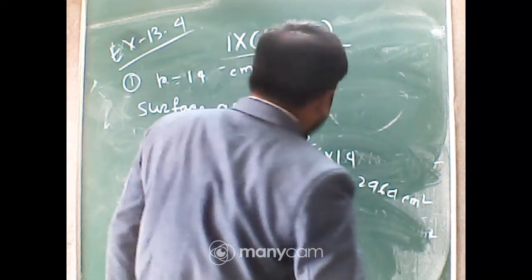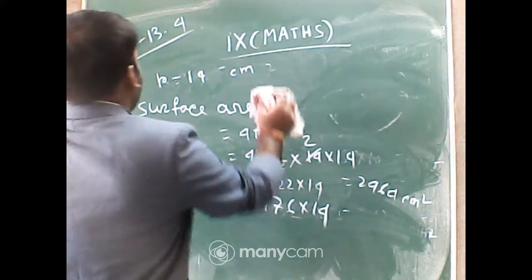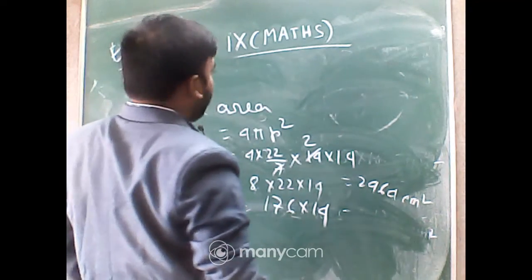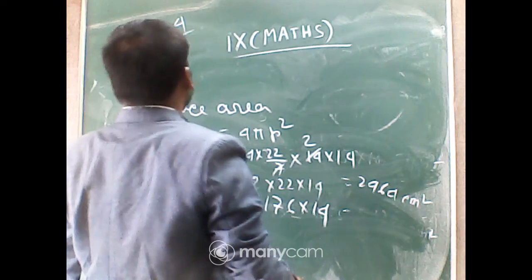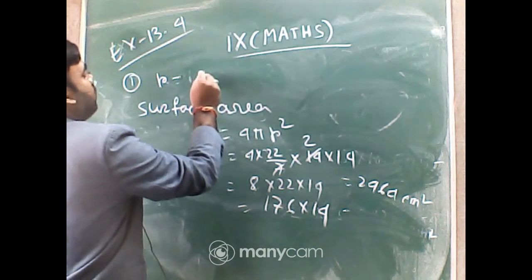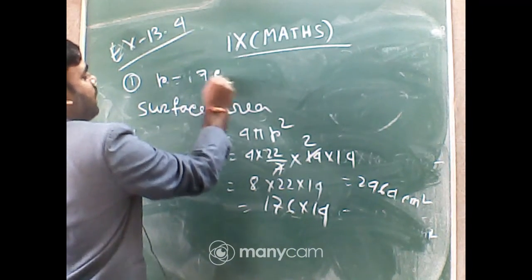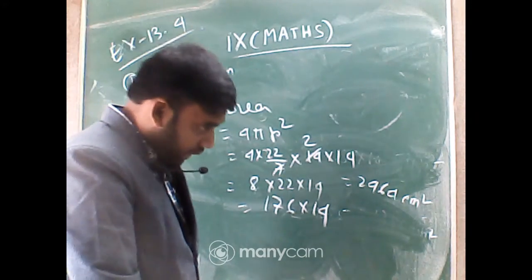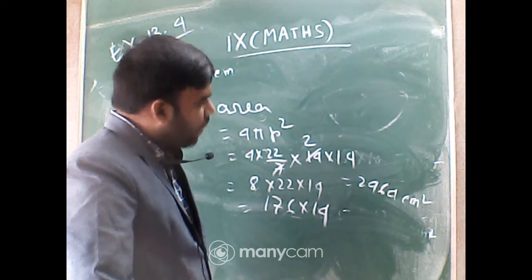Now the third sum for me. When r equal to 7 centimeter, what will be the surface area? Solve it quickly.